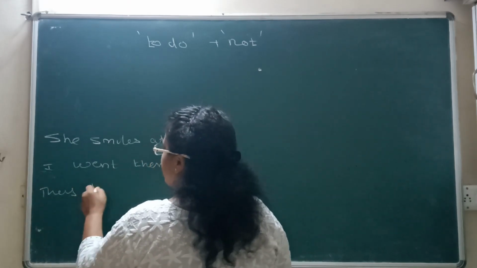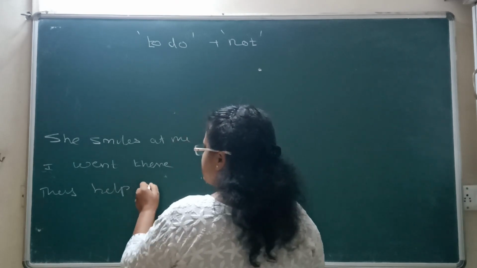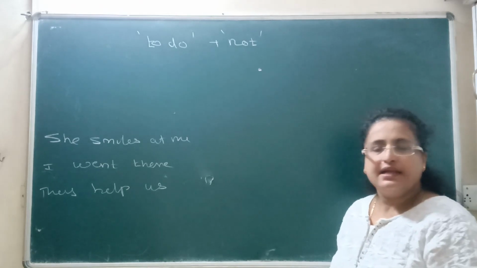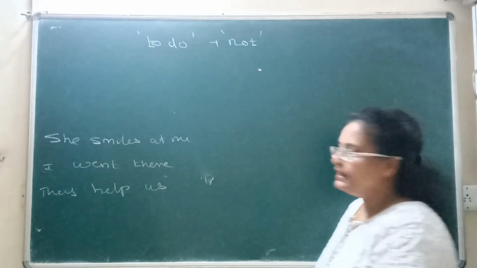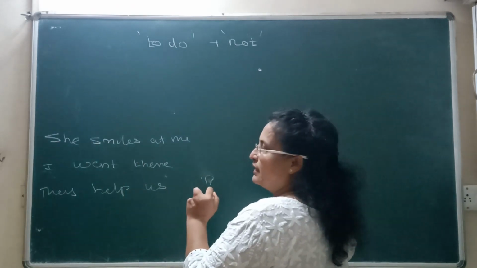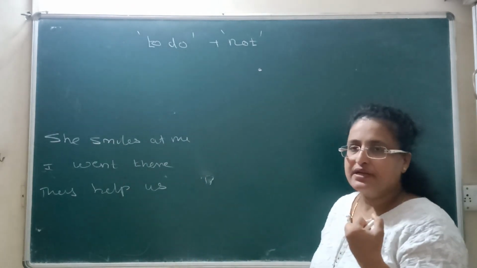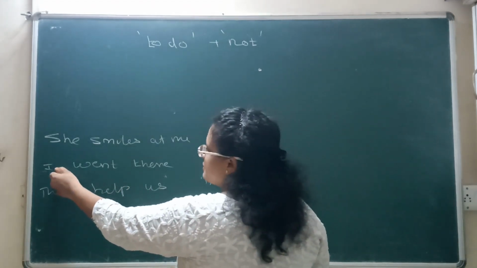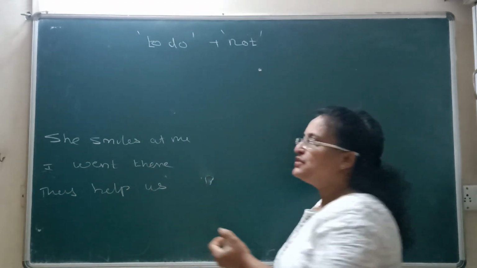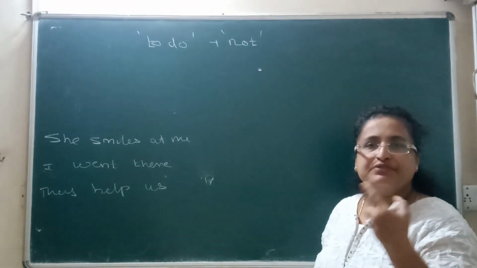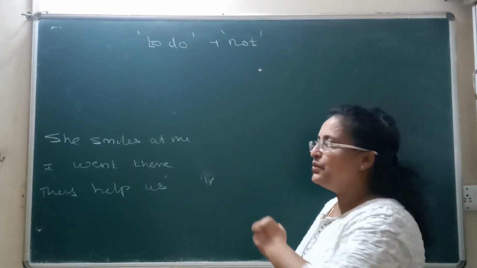They help us. If you see these sentences, there are no primary auxiliary verbs here. She smiles. There is no auxiliary verb like am, is, are, was, were, or has, have. Nothing like that. Similarly, I went there. There is no auxiliary verb. What did I say? Not is placed after the auxiliary verb. But here there is no auxiliary verb.